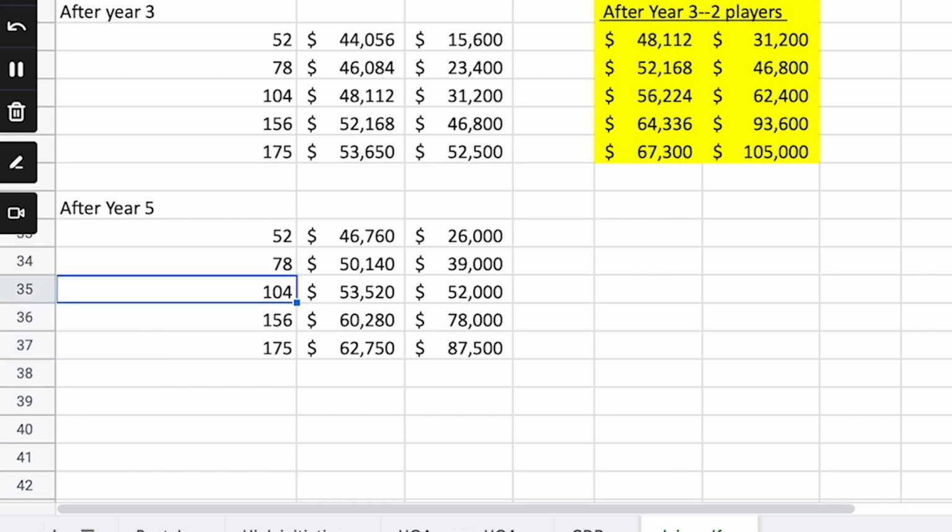Returning to the case of the single golfer, just to complete the discussion, that single golfer after 5 years, if they're playing once a week, they're still coming out ahead by $20,000 and change. If they're playing twice a week, it's roughly a push.